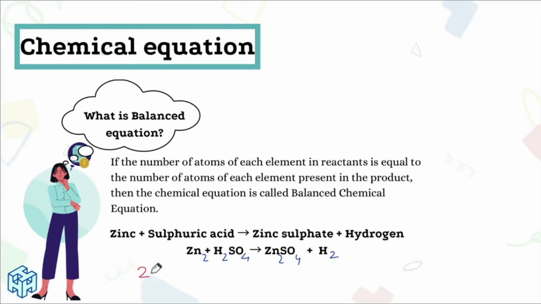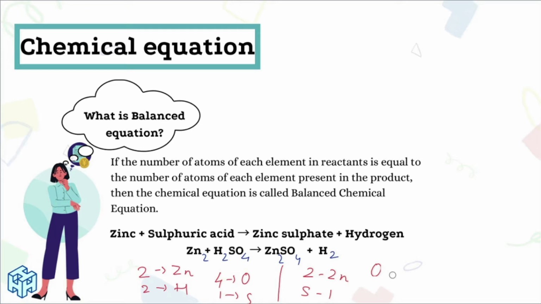2 zinc atoms, 2 hydrogen atoms, and 4 oxygen, 1 sulfur. Here, 2 zinc, 1 hydrogen, sulfur, sorry, then 4 oxygens.